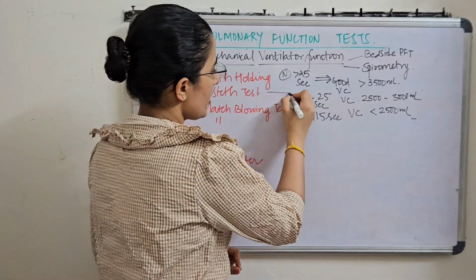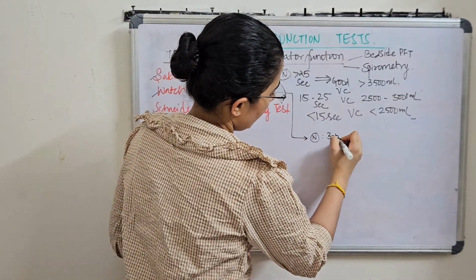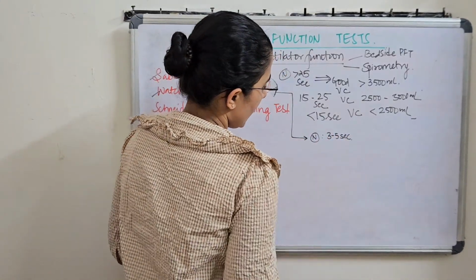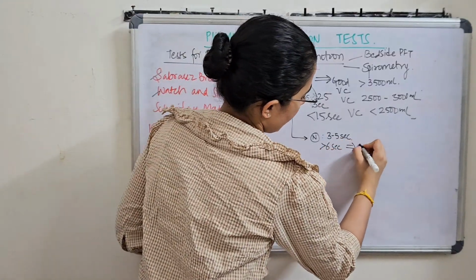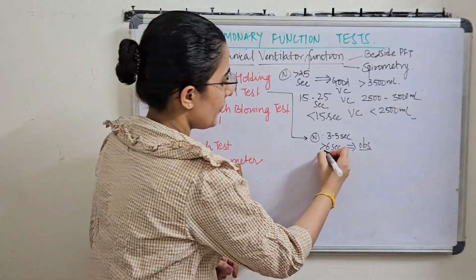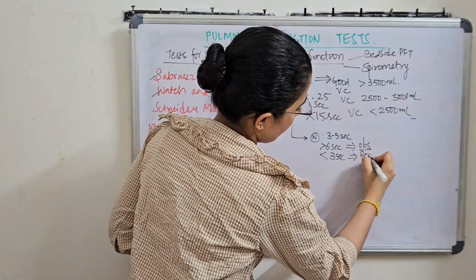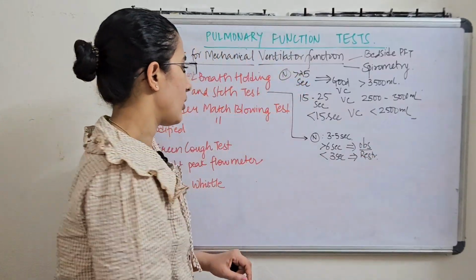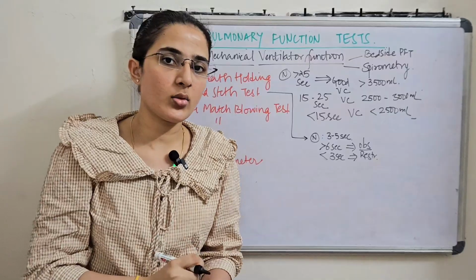Normal duration will be 3 to 5 seconds, right? If it takes more than 6 seconds, it indicates that there is an obstructive pathology. Okay. If it is less than 3 seconds, it indicates that it is a restrictive pathology. Right. So we finished the watch and stethoscope test.